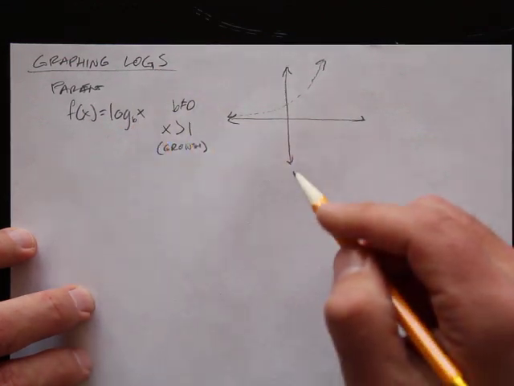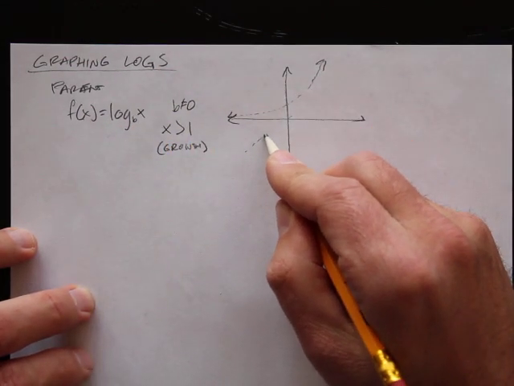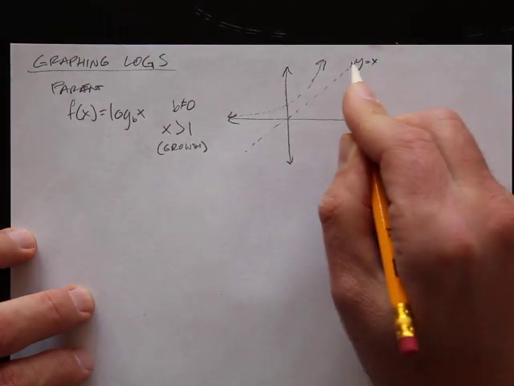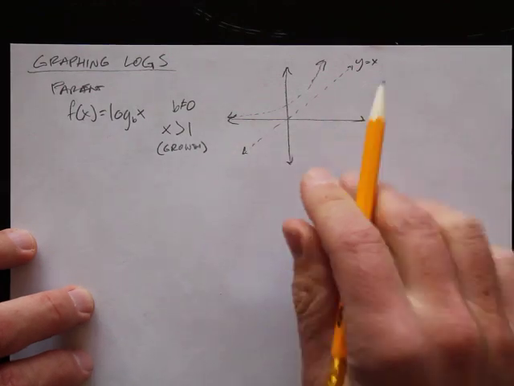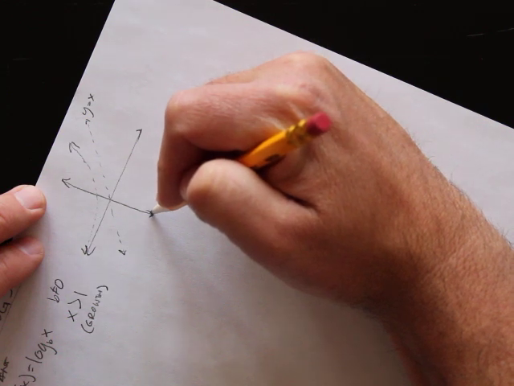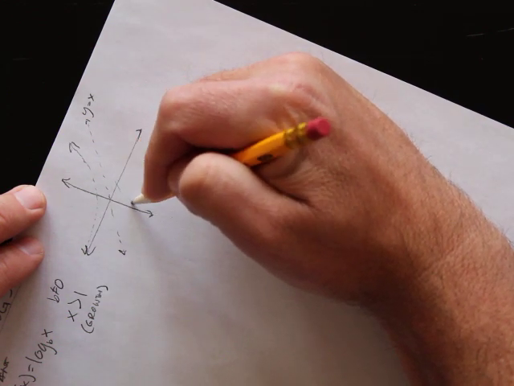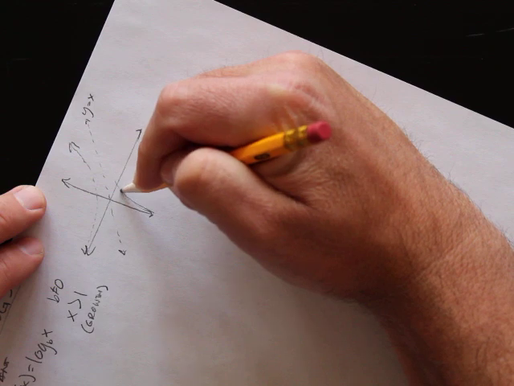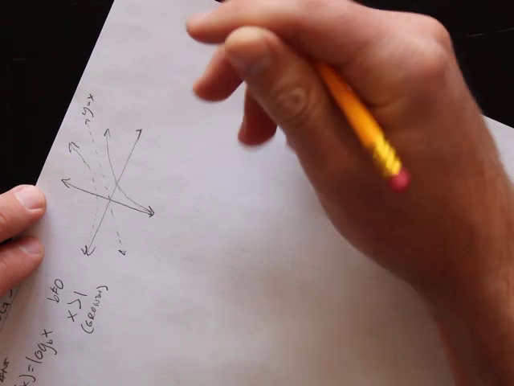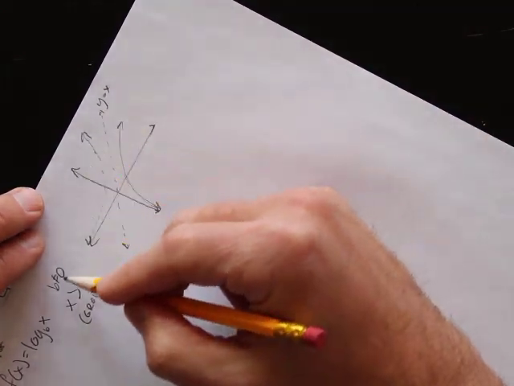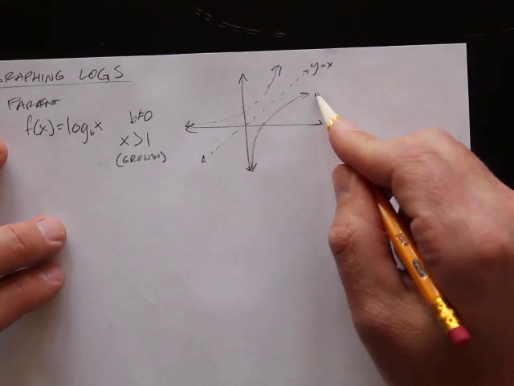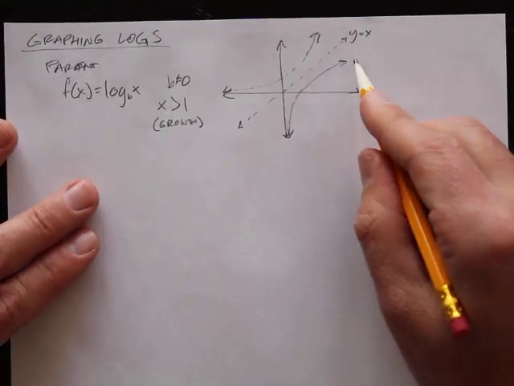With a log, though, if I were to draw y equals x, that line there, and then if I turn it this way, it might be a little bit easier, and then I draw a perfect mirror image of this exponential function, then I get my logarithmic function.